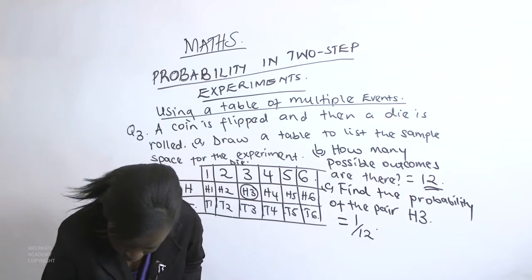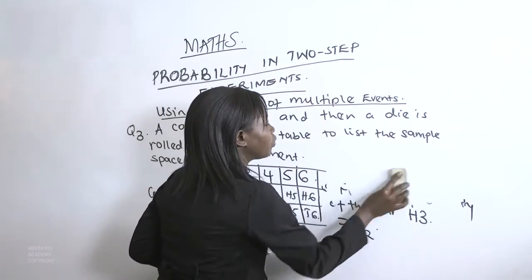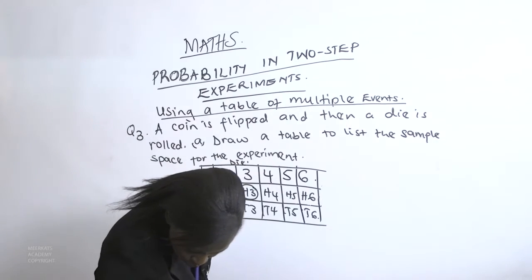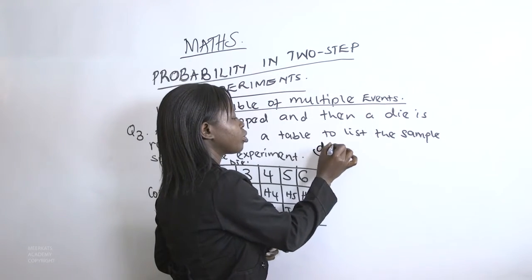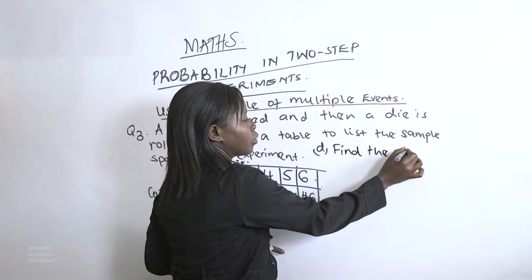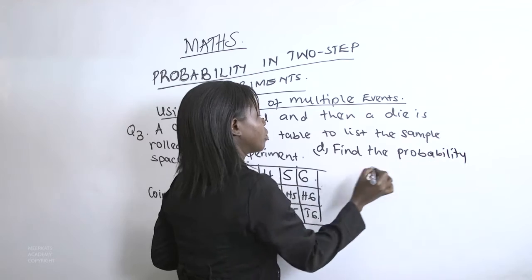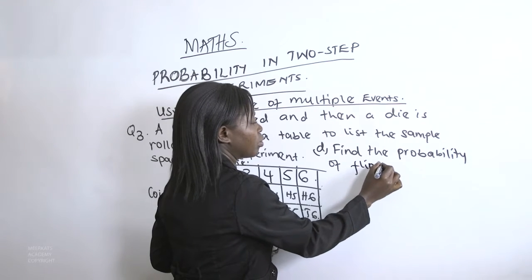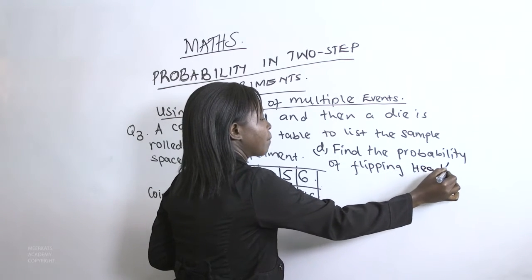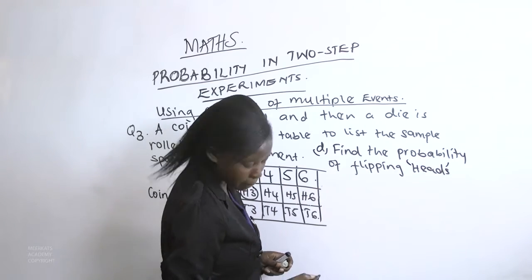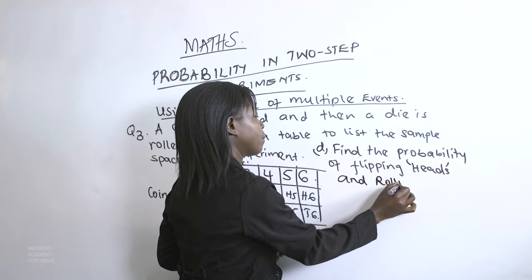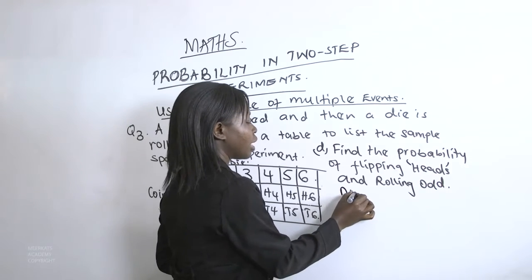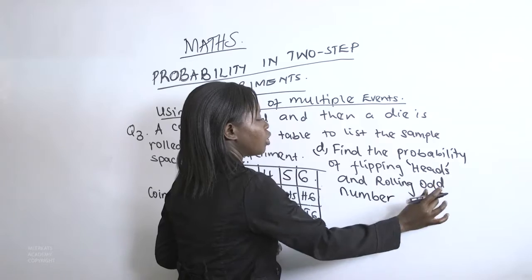The last part of the question, part D, we find the probability of flipping heads and rolling odd numbers.